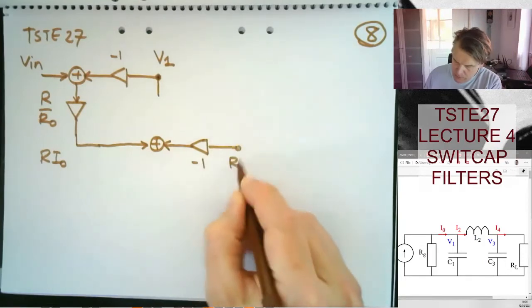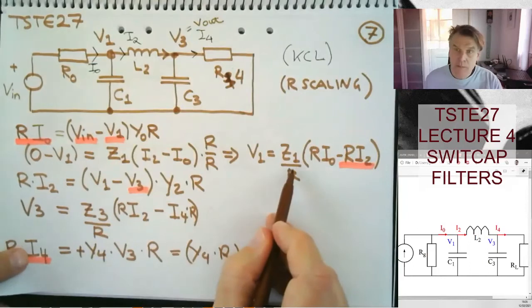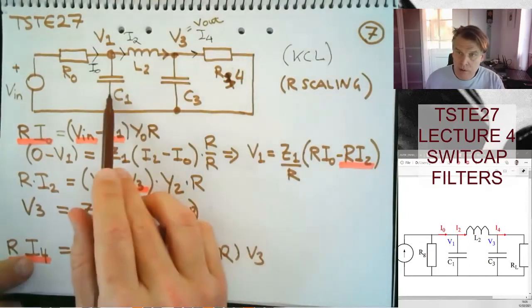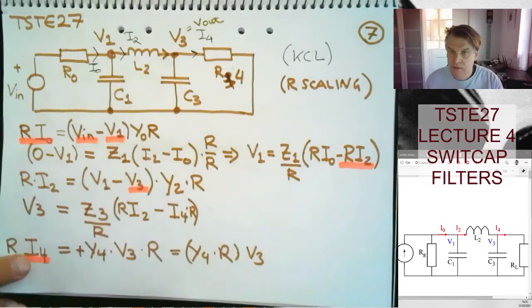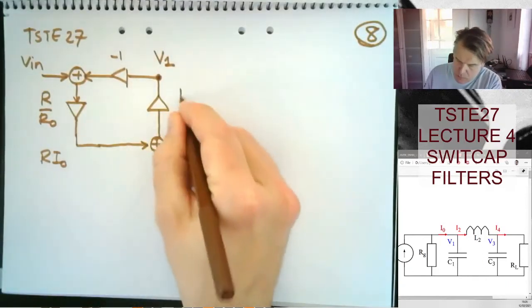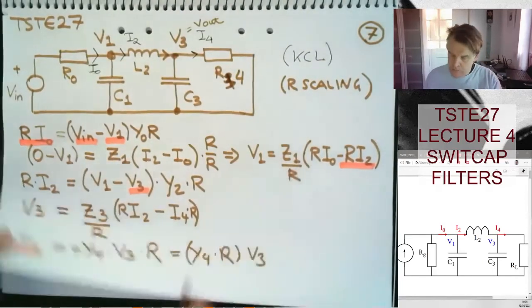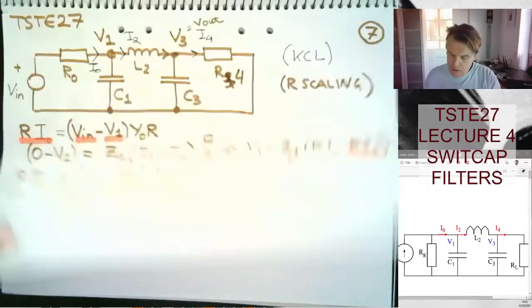And then I have Ri2. And then I multiply with Z1R, but Z1 is equal to 1 over SC1. So this guy here is going to be 1 over SC1R, this term. And then I have created V1.